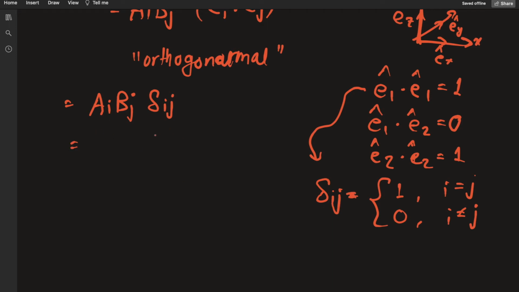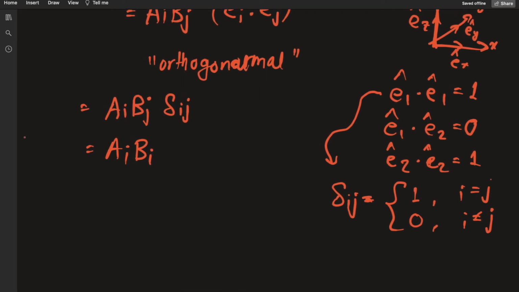And you're only going to have the entries where i is equal to j. So substitute j with an i, because those are the only entries that are going to remain. So a_i b_i, that is the result of the dot product a vector dot b vector.